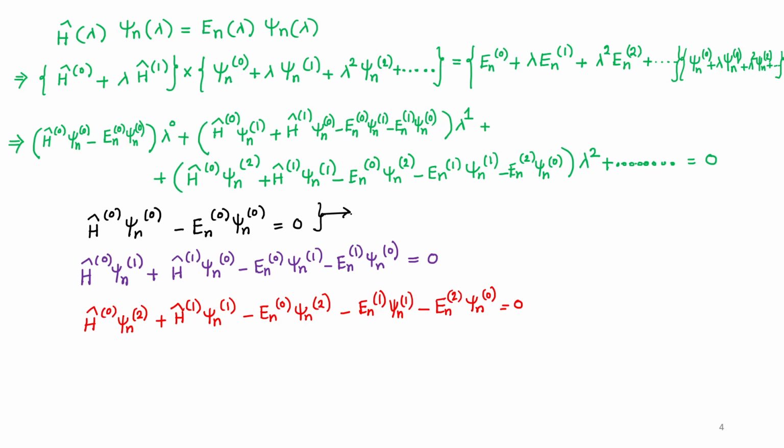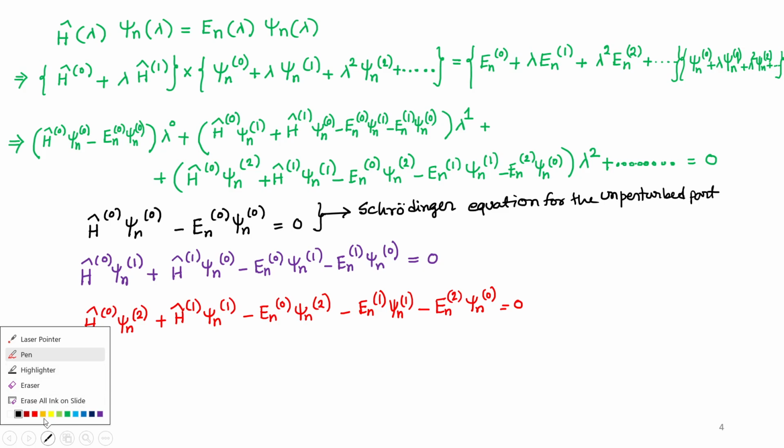So this is nothing but the Schrodinger equation for the unperturbed part, right? The unperturbed part. But when you check the second equation now, the second equation tells us about the first order correction, right?